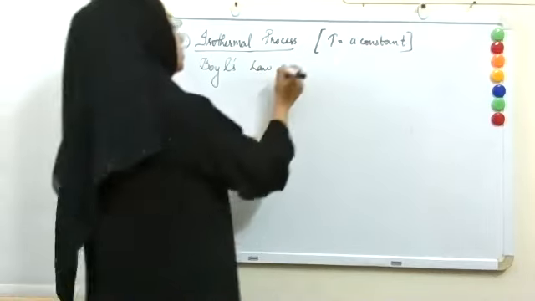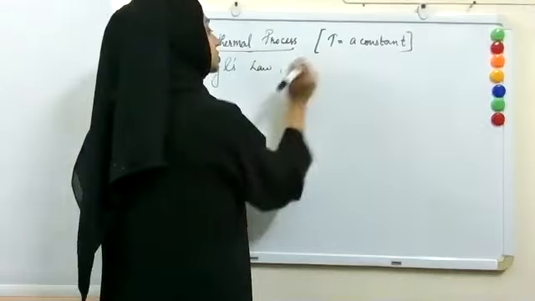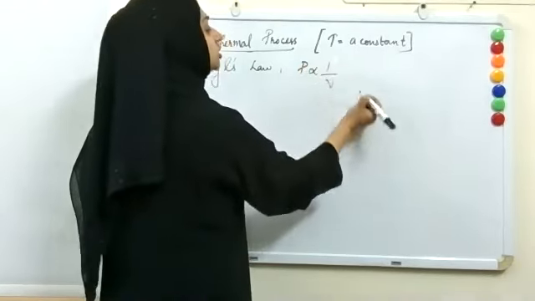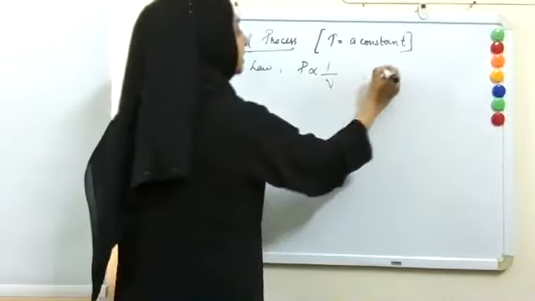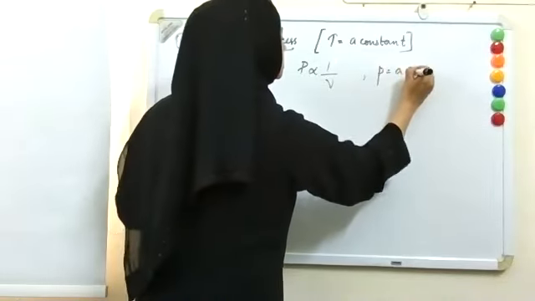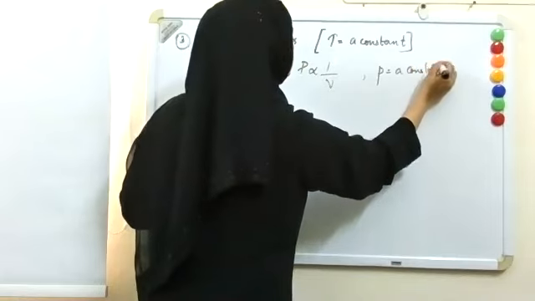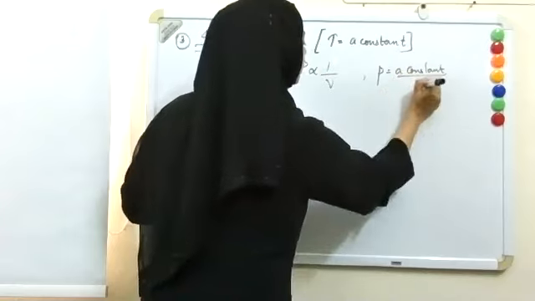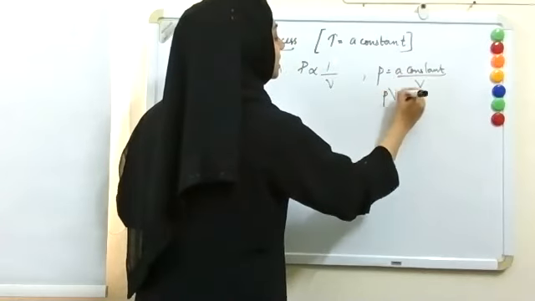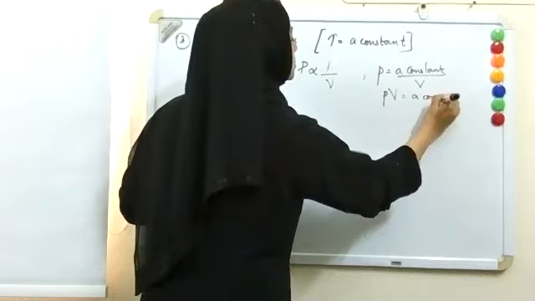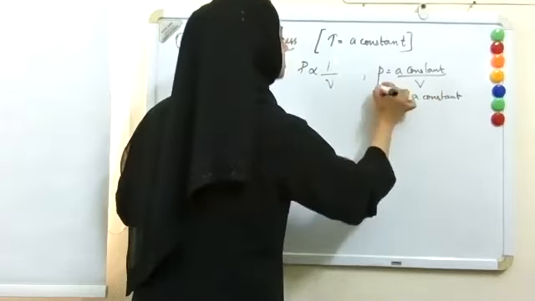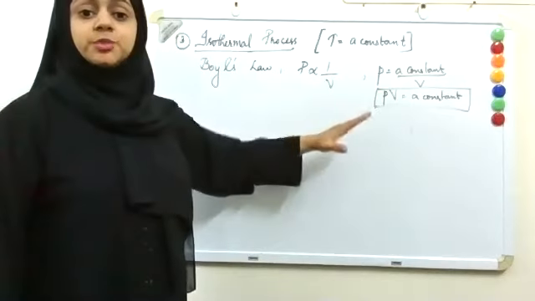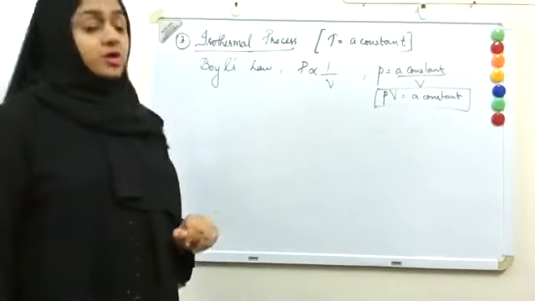According to Boyle's law, at constant temperature, the pressure is inversely proportional to volume, which means pressure is equal to a constant divided by volume, or PV is equal to a constant. So this is applicable in an isothermal process. Remember that the product of pressure and volume will be constant.